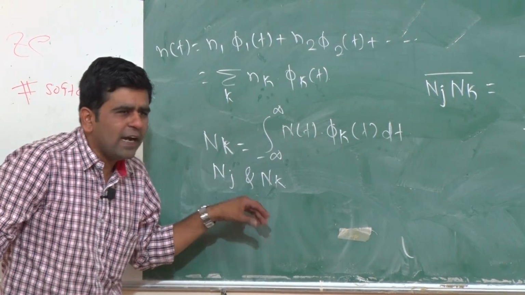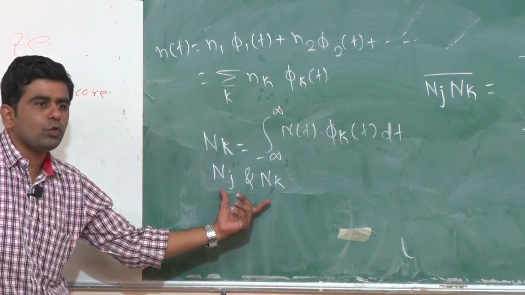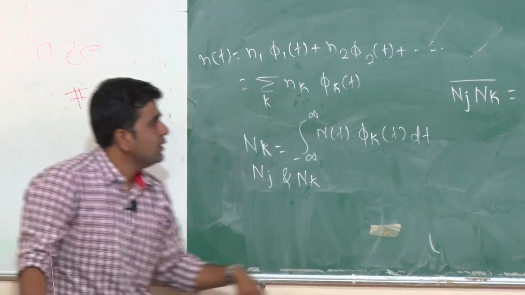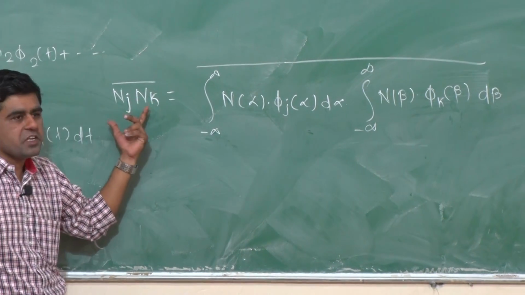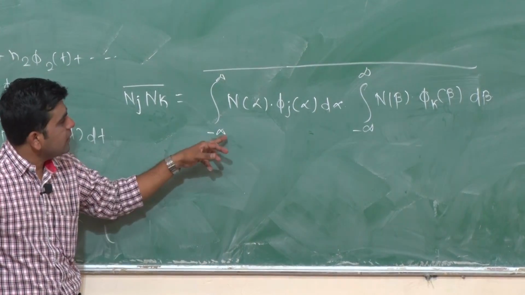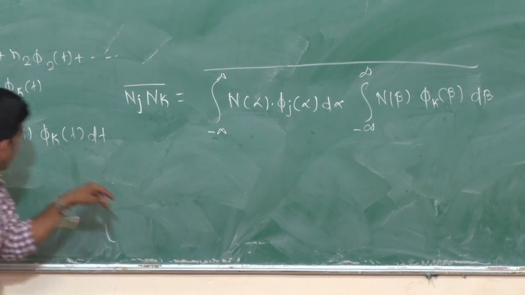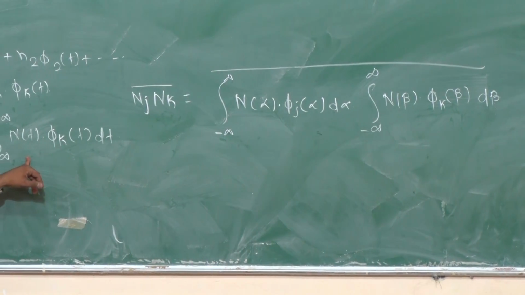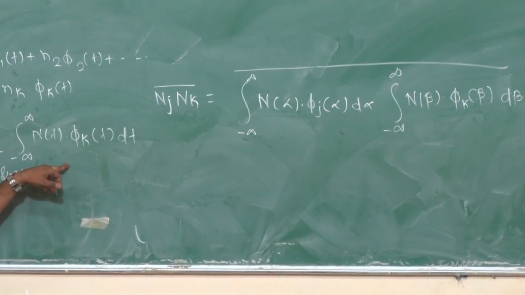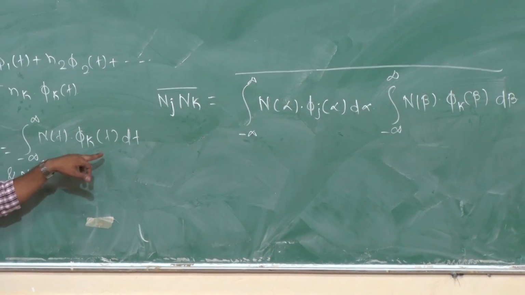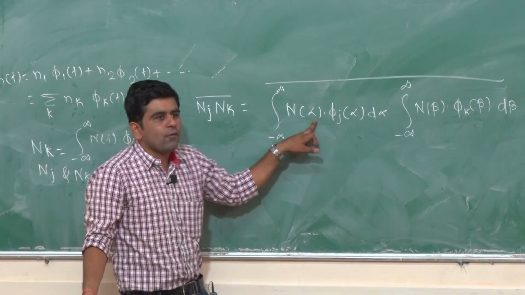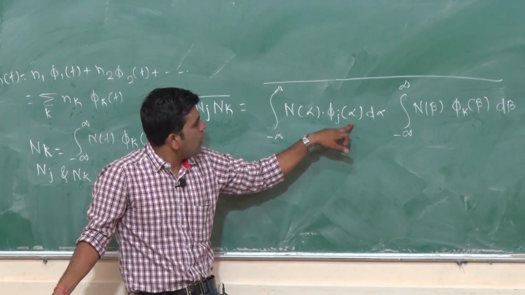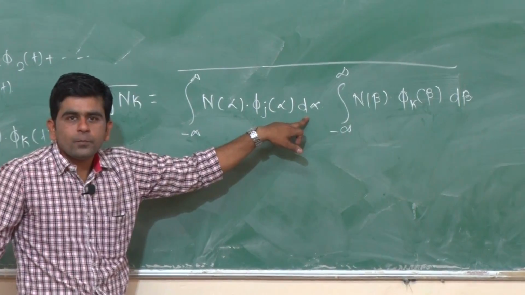So here we have to find out the correlation between these two random variables n_j and n_k. So the relation between these two is the expected value of n_j into n_k. n_j can be represented by this formula, the projection of noise n of t on the jth basis function, that is the integral of n of alpha into phi_j of alpha d alpha.